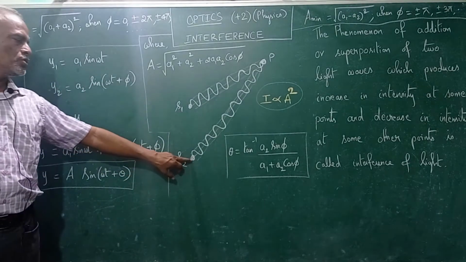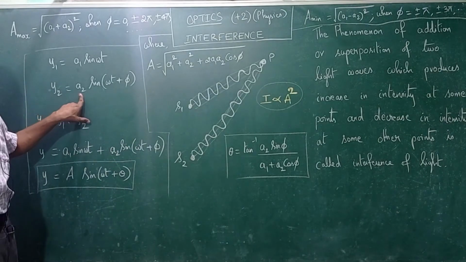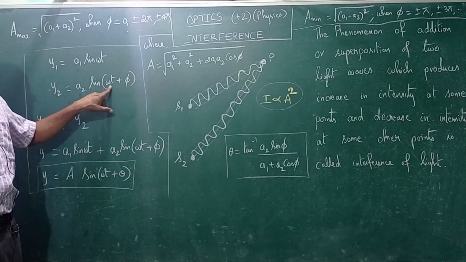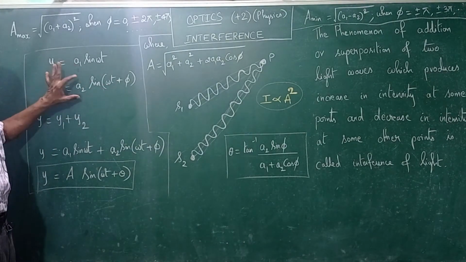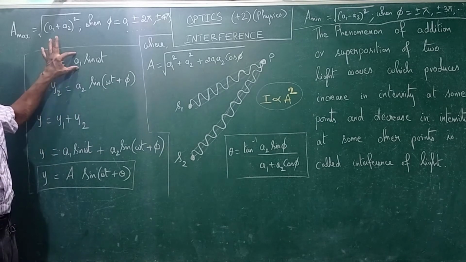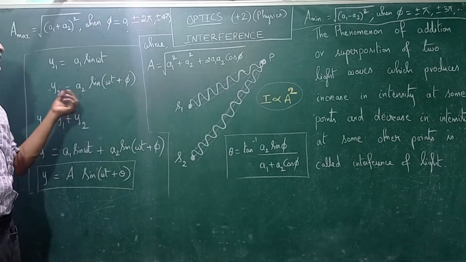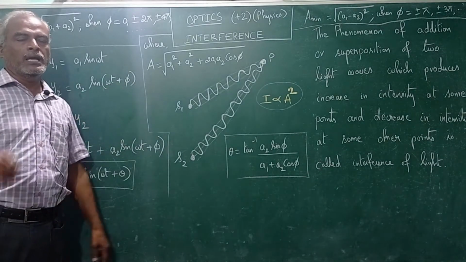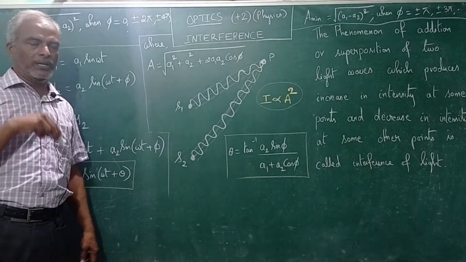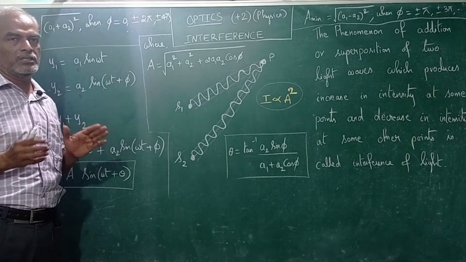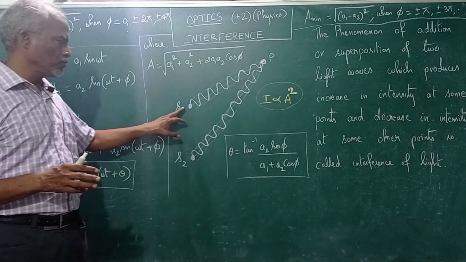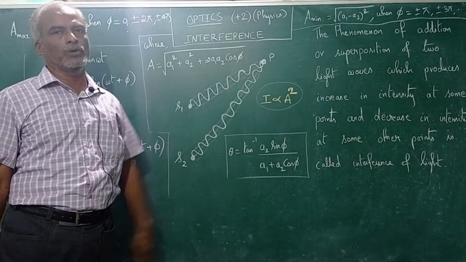Then from source 2, it has the amplitude A2 sin (omega t plus phi). So A1 and A2 are totally different. This can have some amplitude, this can have some amplitude. And y2 is leading by angle phi, that is omega t plus phi. These are the two waves from source 1 and source 2 arriving at point P.